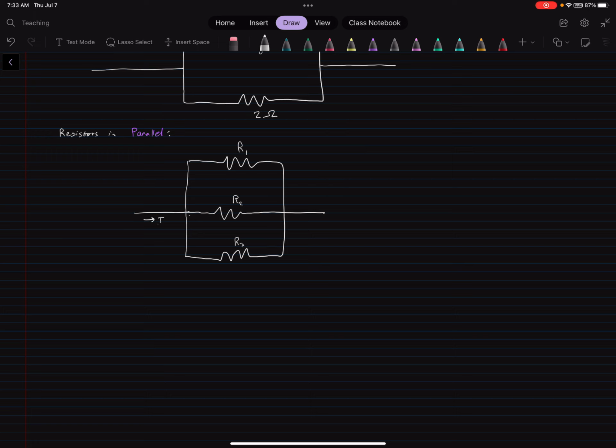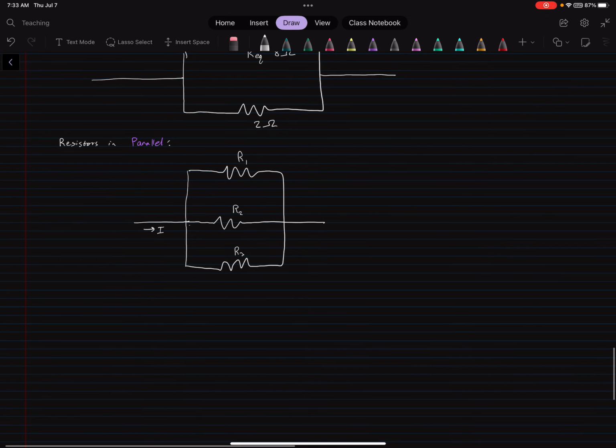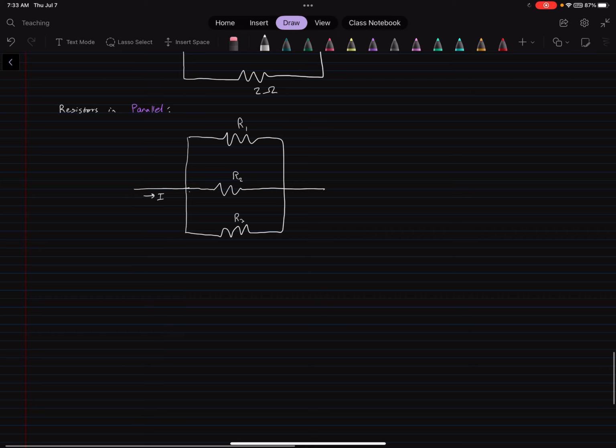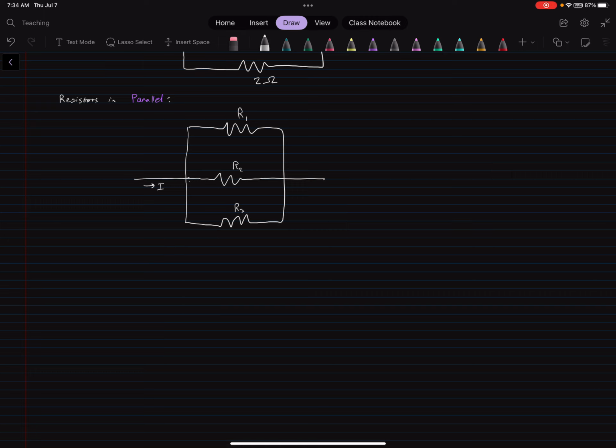Again, we're assuming there's some current flowing through, which would imply that there's some connection like this. But there could be many other things going on with the circuit, right? Just like in chemistry, you can just say there's the rest of the molecule that this attaches to at this point. This is kind of the same concept in circuits. We're just talking about the segment that we care about here. We can find the equivalent resistance of these 3 resistors in parallel with the following formula.